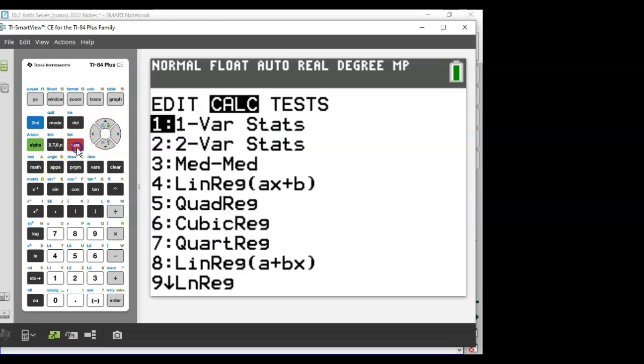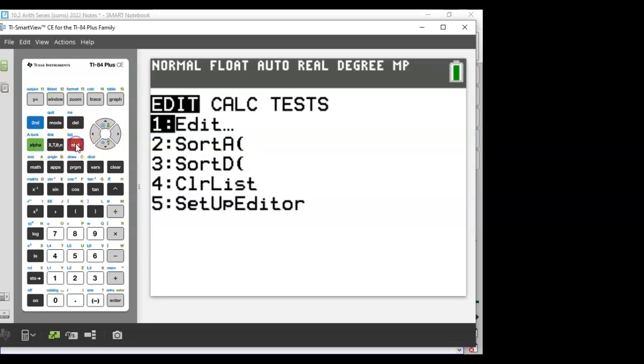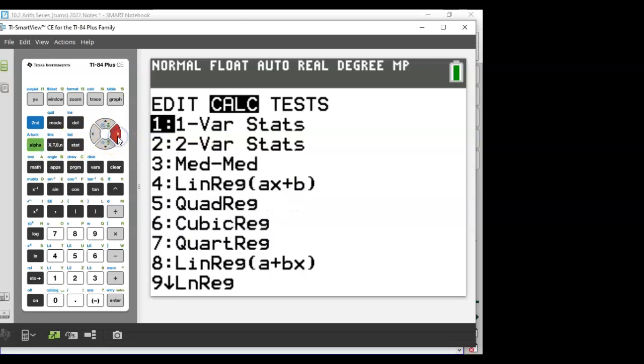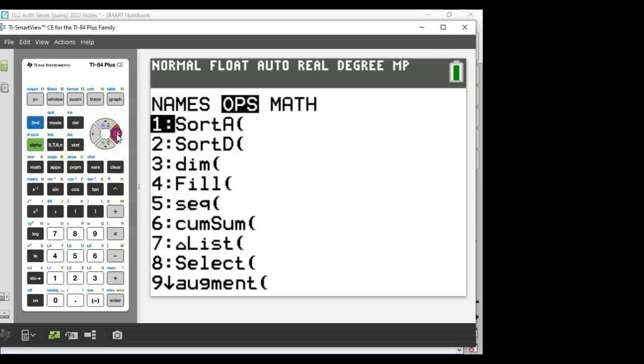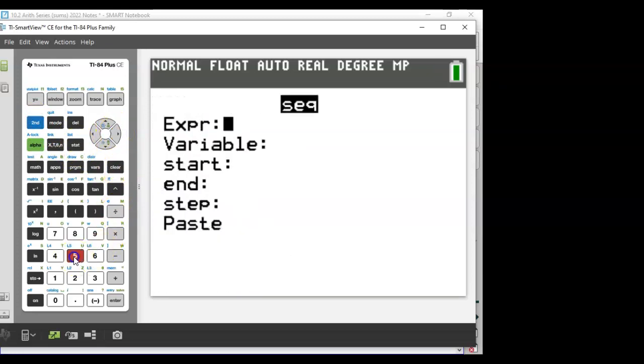I did that wrong. It's second stat over to calculate. Oh, what am I doing? Oh, I'm pushing alpha. Dingbat. Second stat over to ops, down to sequence. So, then if you have the older calculator, you would do x, comma, nope, kidding.